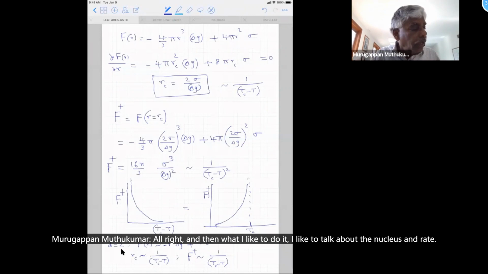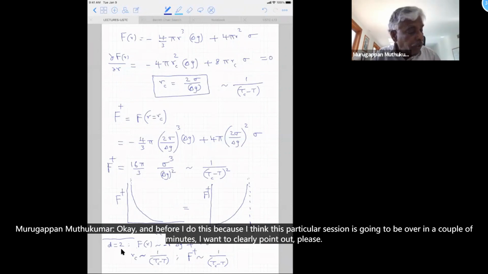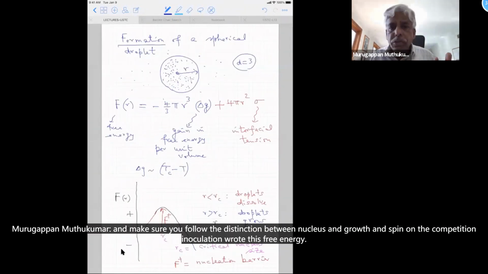All right. Then what I'd like to do is talk about the nucleation rate. Before I do this, because this session is going to be over in a couple of minutes, I want to clearly point out, please make sure you follow the distinction between nucleation growth and spinodal decomposition.